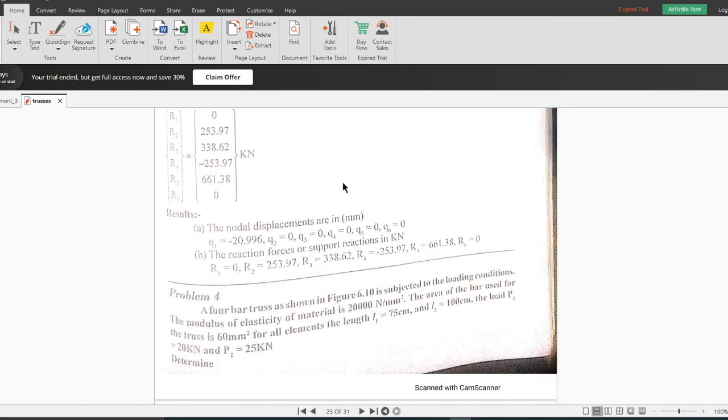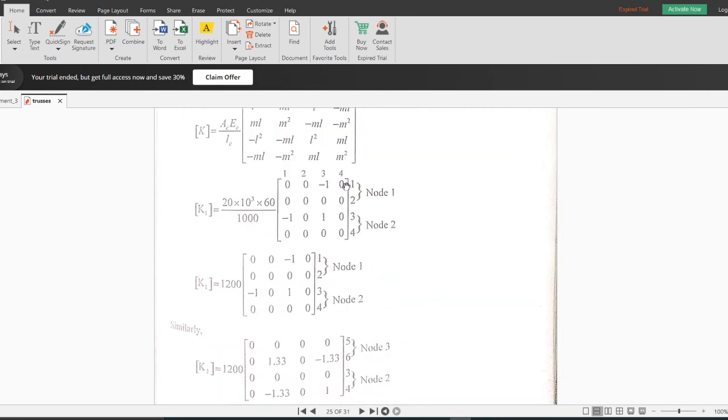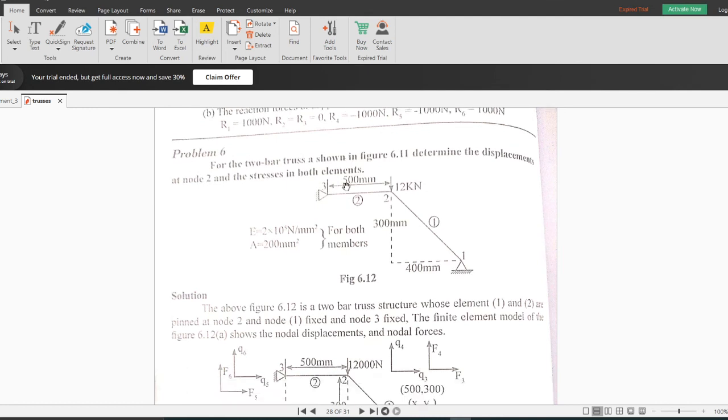Is it clear? Yes, sir. See, we did the 8 cross 8 only. Now it becomes very easy for you to do.